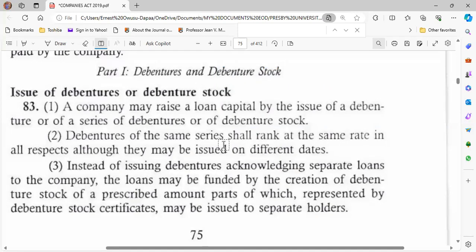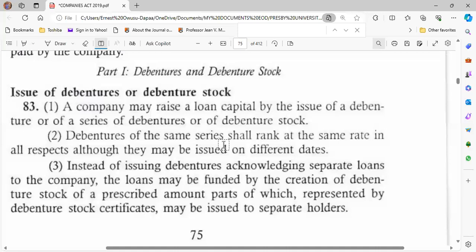Section 83.2: the debentures of the same series shall rank equally in all respects, although they may be issued on different dates. Yeah, just like the example I also gave, you have a series of debentures. Maybe we have 10,000 cedis, we are going to have 10,000 debenture series.